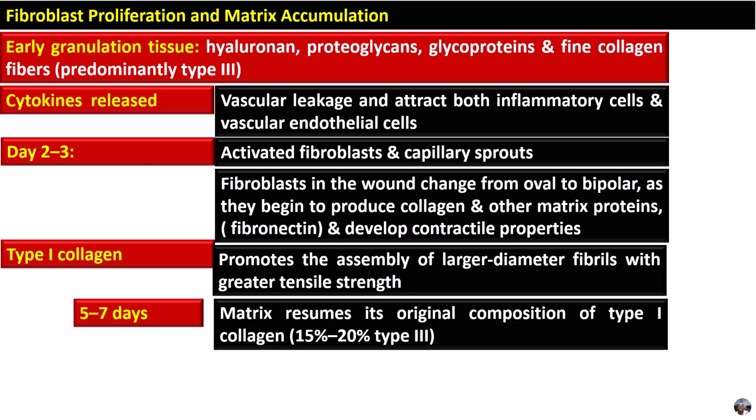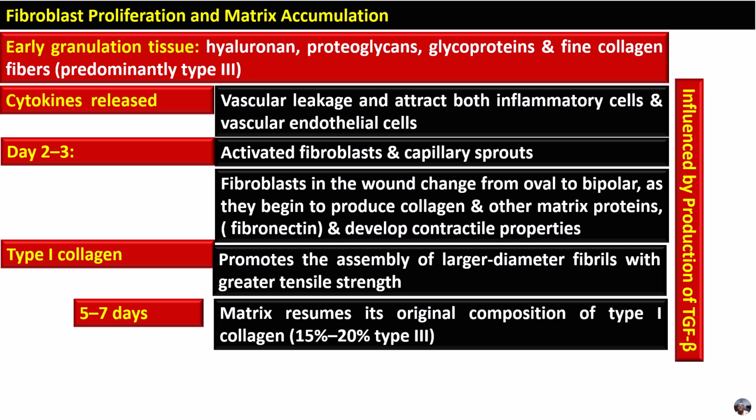So in 5 to 7 days of the injury, due to intense fibroblastic activity and matrix synthesis, there is stabilization of the wound, and a mature scar forms. Scar starts to mature with type 1 collagen formation, and in all these processes, transforming growth factor beta plays a critical role.